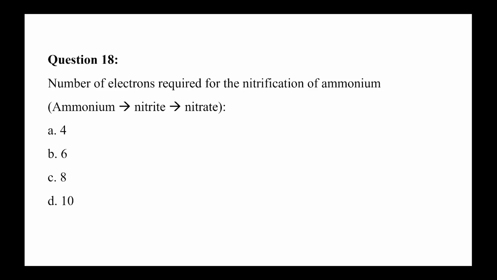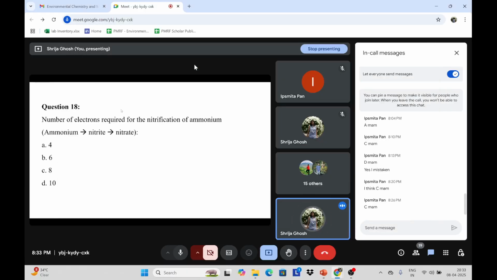From NH4 plus, it will go to NO2 minus and then NO3 minus. So how many electrons will the ammonium ion require to become the final nitrate? Option A 4, option B 6, option C 8 and option D 10. Write your answers in the chat box quickly.